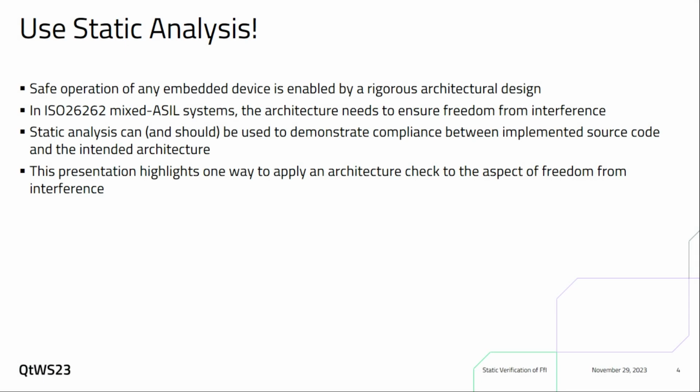It's the introduction. Well, the title of the slide says it all, use static analysis. When you're doing any safety-related development, you have to do a rigorous design of your software architecture to enable the safety process and to assign safety requirements.